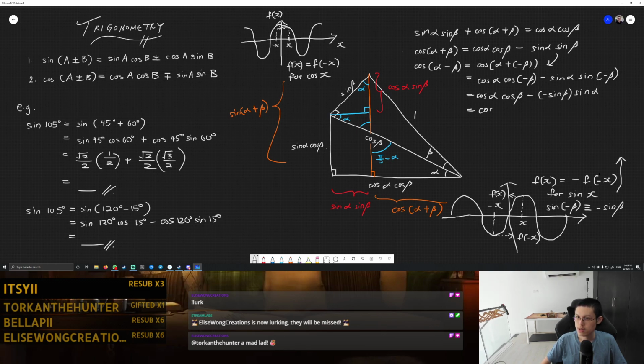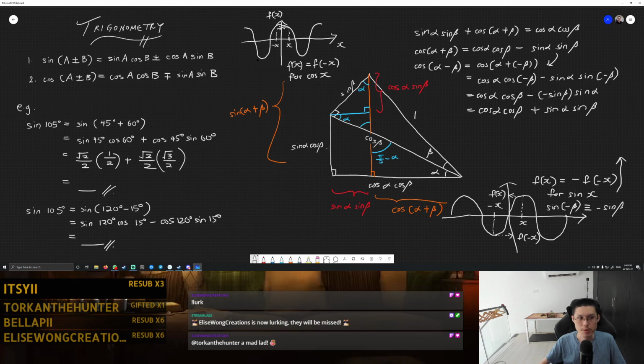Simplifying this, we get cos alpha cos beta plus sine alpha sine beta. And therefore, we have proved the second part of this equation. And that's how you get the addition formula for cosine. Ta-da!